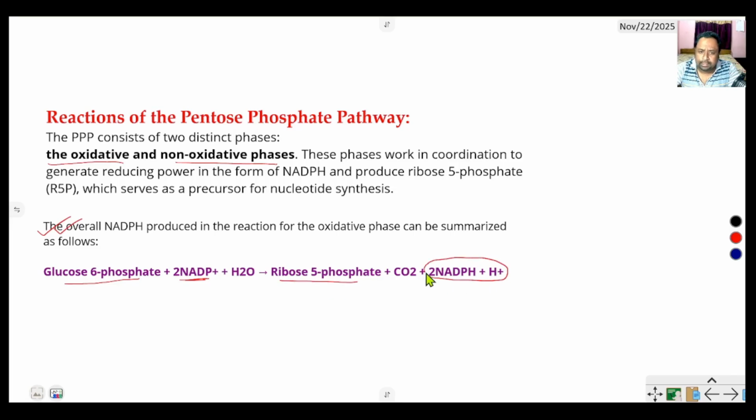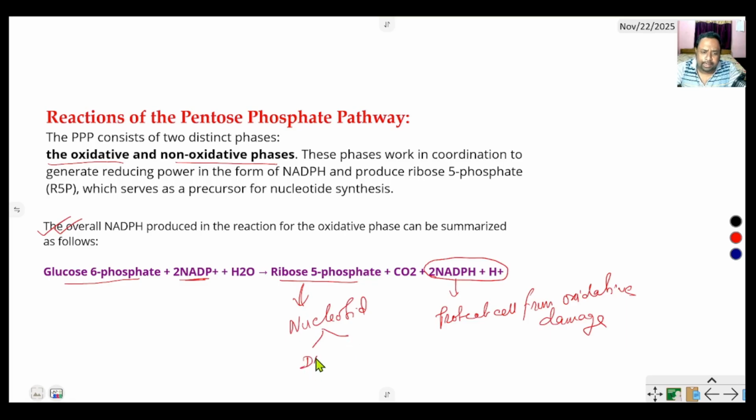This NADPH and H plus is required to protect the cell from oxidative damage. And this ribose 5-phosphate is required to produce nucleotides, that are the raw material of DNA and RNA.